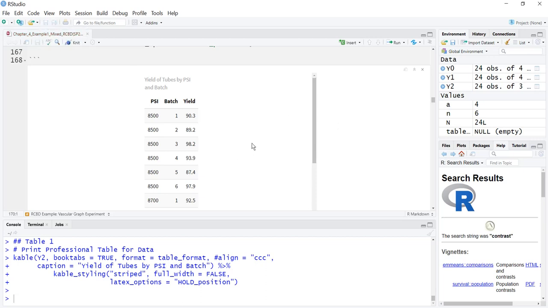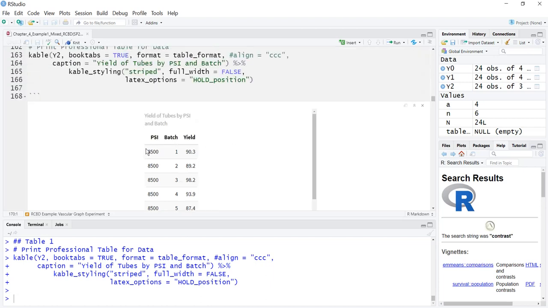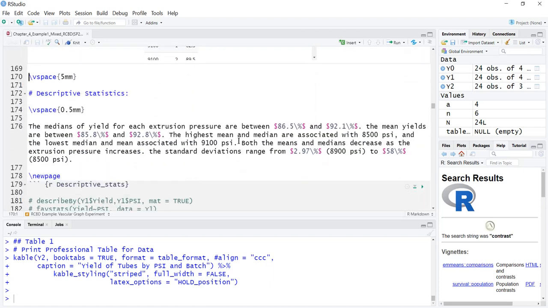Okay. So here's our table, and it's ordered by PSI, and then by batch. Now we have our descriptive statistics. Again, if we don't ask you for point estimates or something specifically in a homework problem, you could get rid of this section.